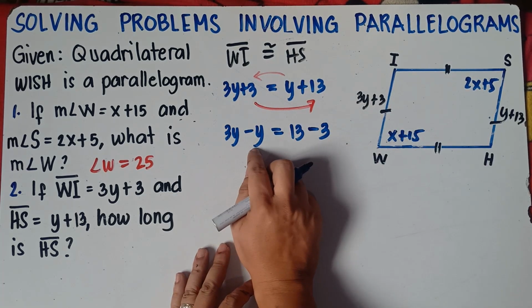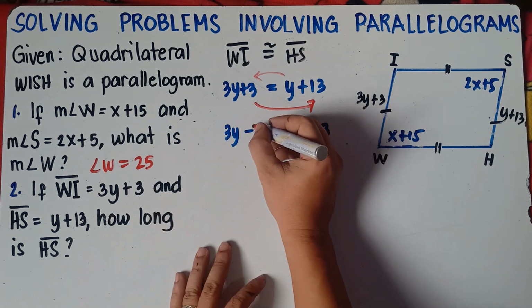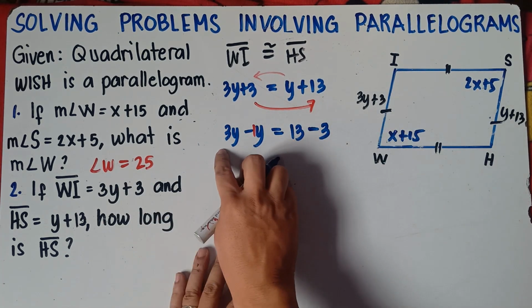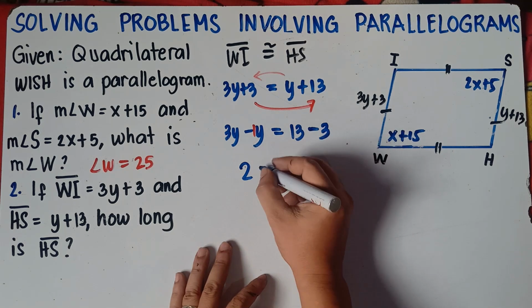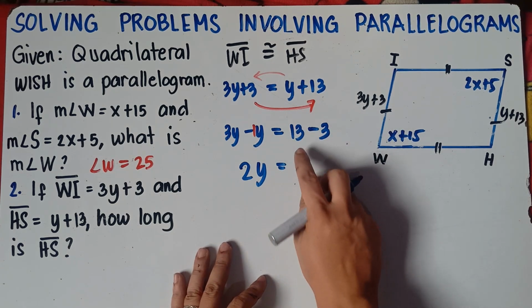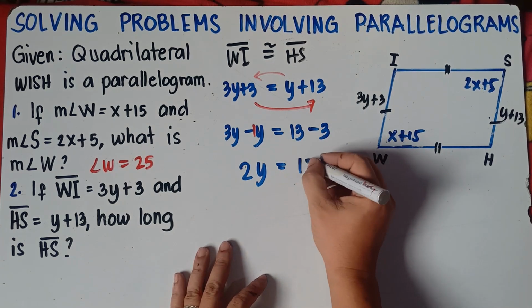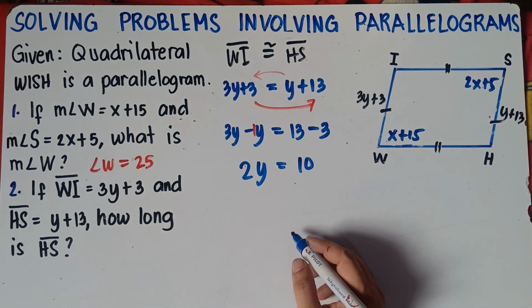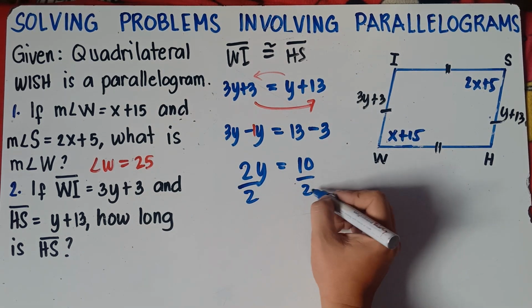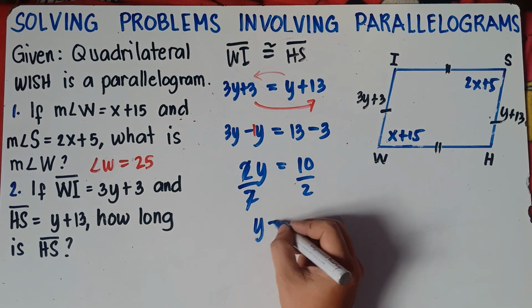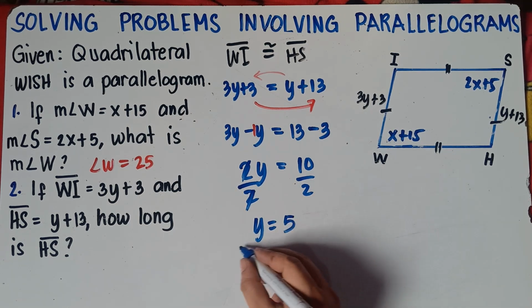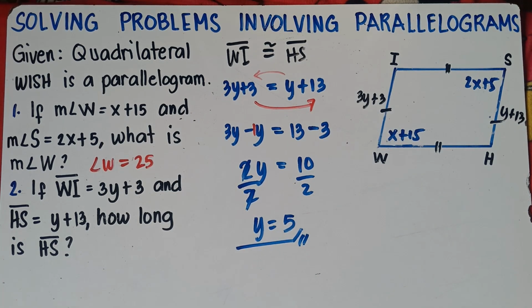So 3y minus y. Understand that there's a 1 here, do not forget about that, class. 3 minus 1 is 2, simply copy y, equals 13 minus 3, that is 10. To get the value of y, you divide both sides by 2. Cancel this out. So y equals 10 divided by 2, that is 5. Therefore, your y value is 5.